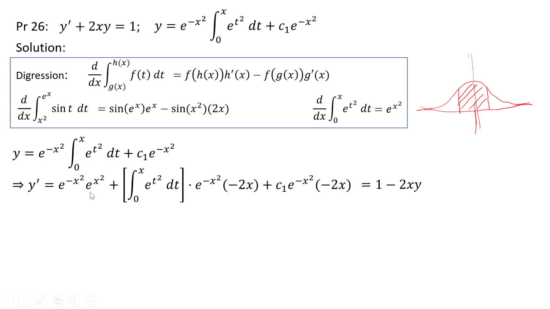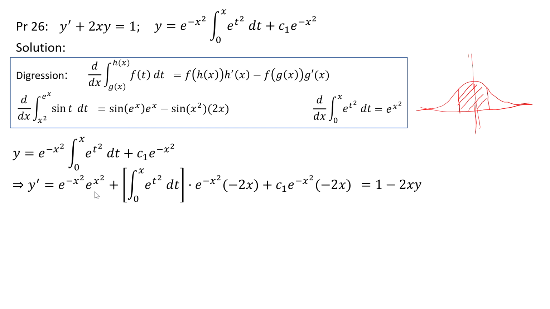If I said that's equal to 1, would you agree with that? There are two ways of showing that. Can I write e to the negative x squared as 1 over e to the x squared? So would we have 1 over e to the x squared times e to the x squared? Isn't that equal to 1? Yes. So this product is just 1.